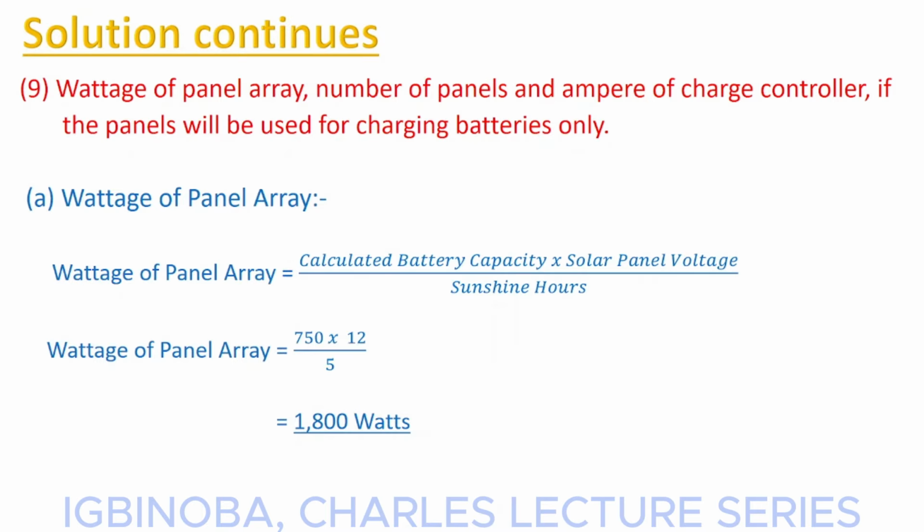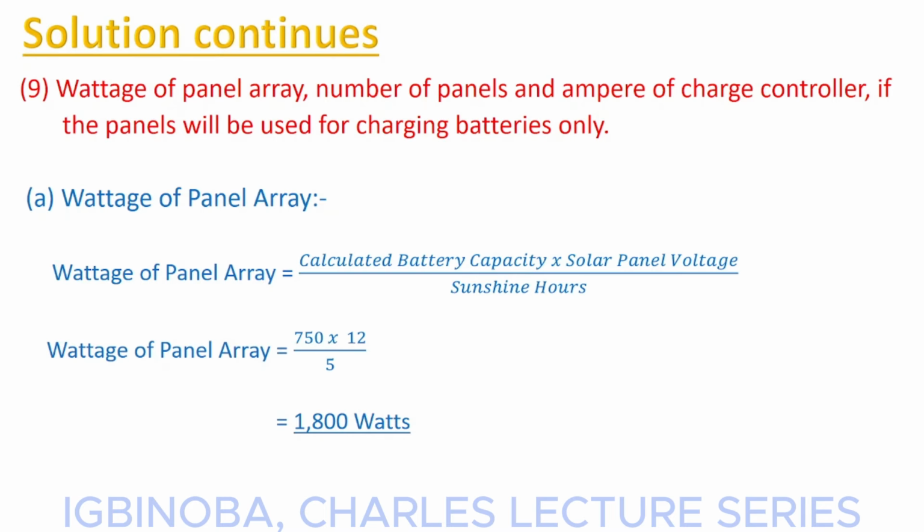Question number 9. What wattage of panel array, number of panels, and ampere of charge controller if the panels will be used for charging battery only? So for this particular question, the panels are strictly used to charge the battery.